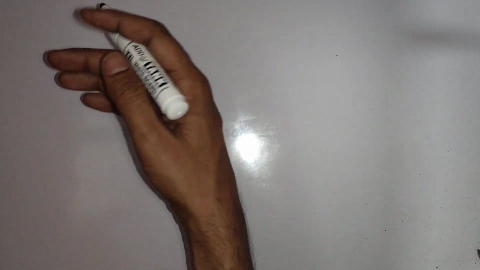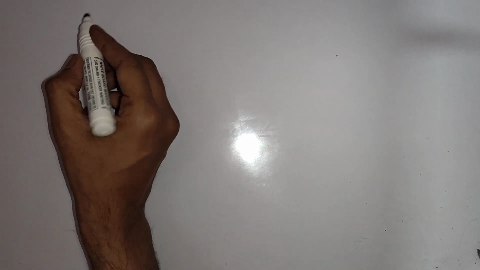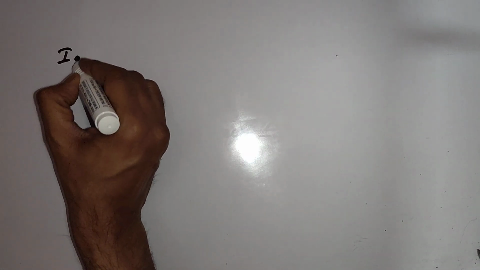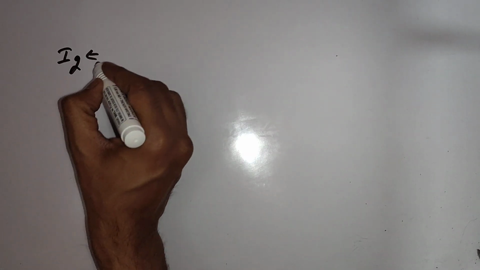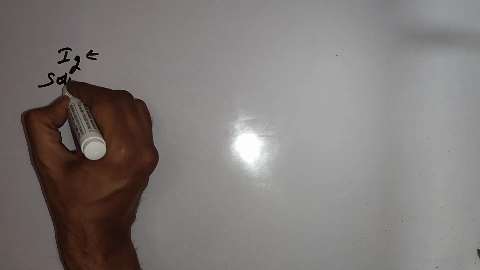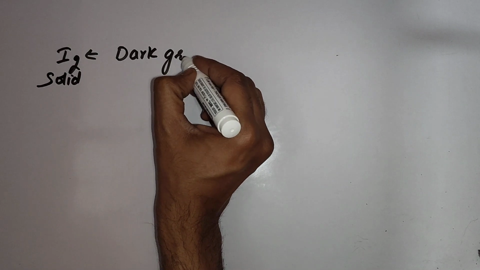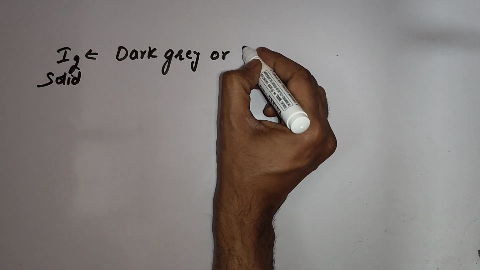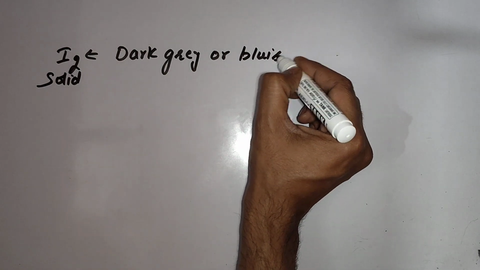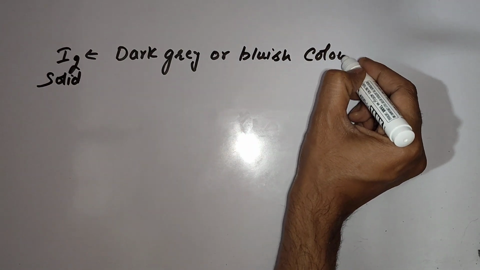Before the start of the mechanism, let me tell you how to make this iodine and sodium hydroxide aqua solution. Iodine, as you know, in the solid form, is a dark gray or bluish color solid.